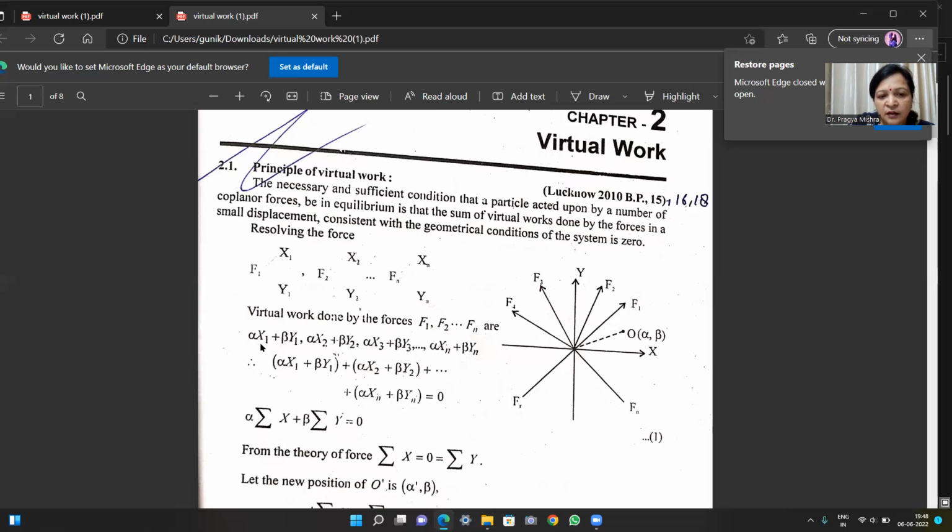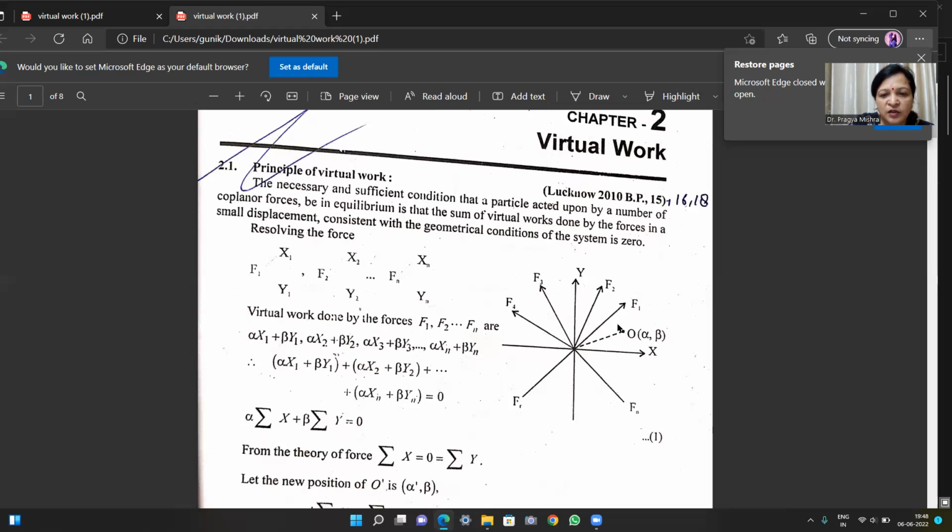If the force is acting at a point with coordinates alpha, beta, then the component of force F1 will be x1 i plus y1 j, and this point is alpha i plus beta j.